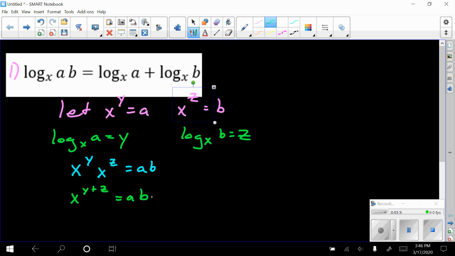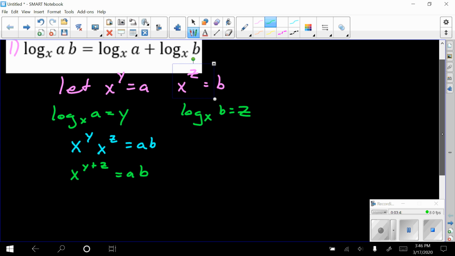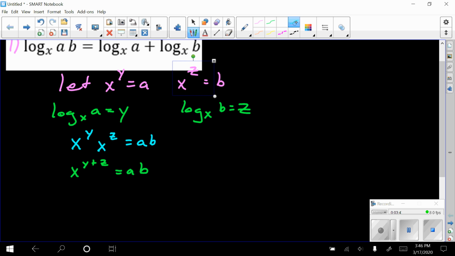And from there, to solve for an exponent, remember, logarithm means what is the exponent. This may seem kind of weird, but we're going to take a log on both sides with a specific base, call it x. So log base x of x to the y plus z equals log base x of ab.